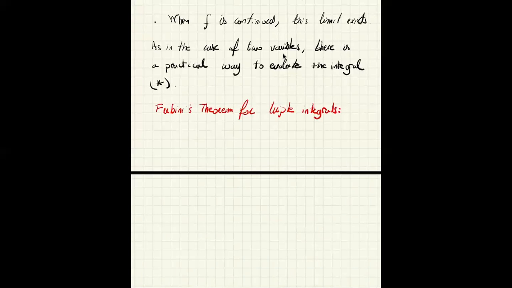It says that the integral over the box B of the function f(x,y,z) dV is actually equal to, first of all, you compute this iterated integral. We didn't talk as precisely as we did in the two-dimensional case, where we started with iterated integrals, and if they exist, then, well, here it's a bit faster.